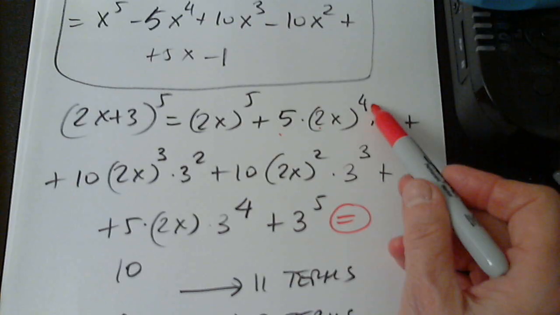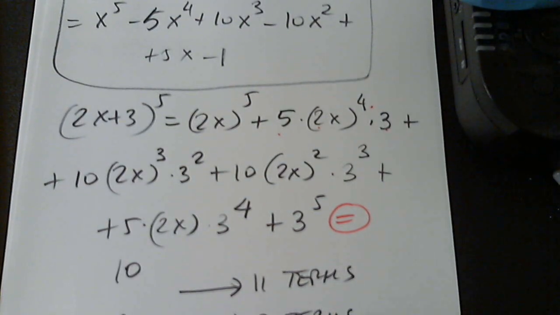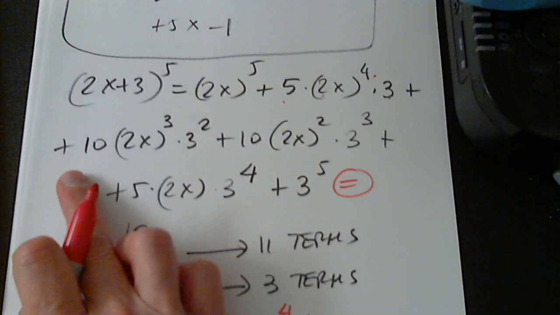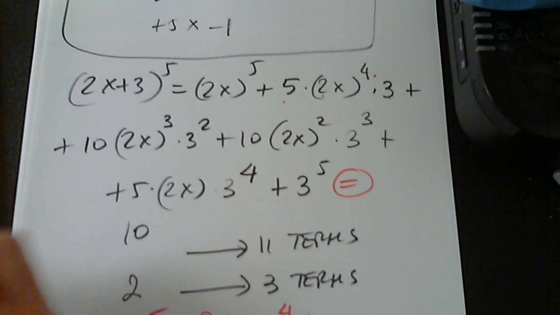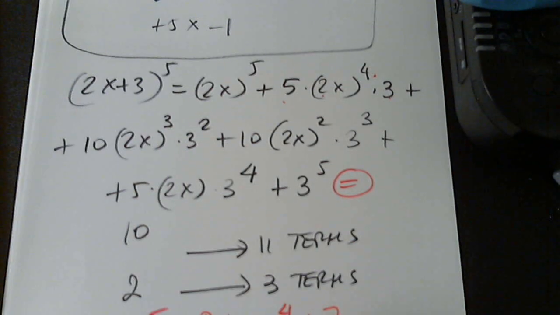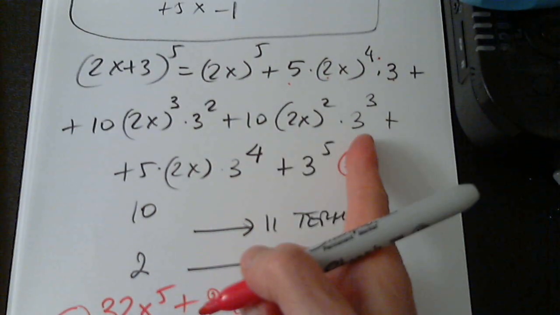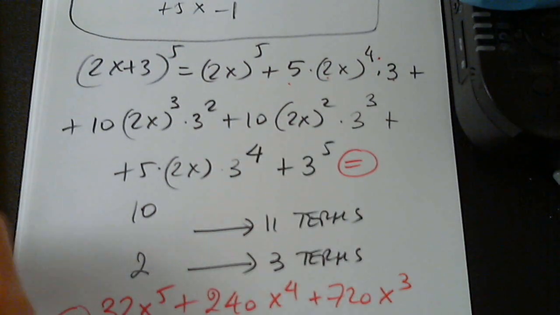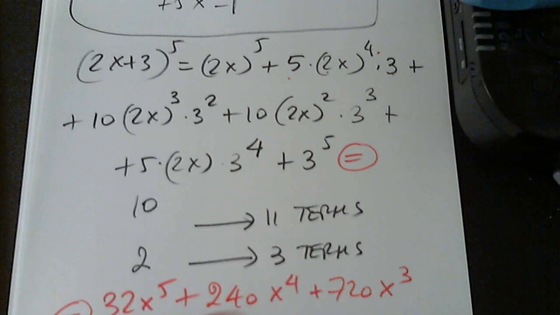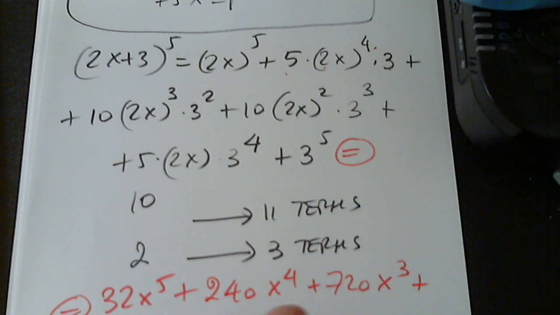So I got 240 x to the 4th plus 10 times 9 is 90, multiplied by 2 to the 3rd, which is 8. It's 720 x to the 3rd plus 27 times 10, 270 times 2 squared, which is 4. So plus 1080 x squared.